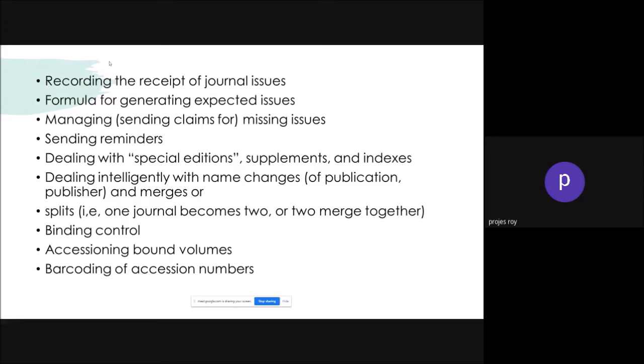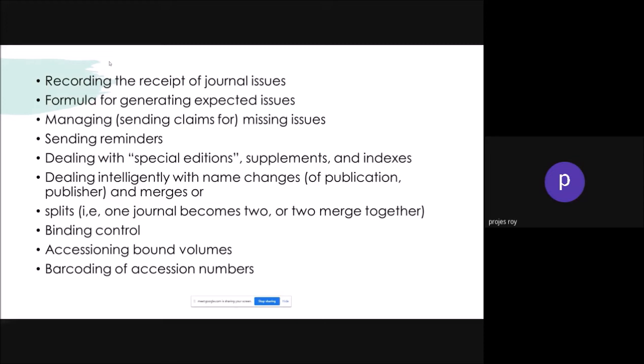Sometimes journals get split. Suppose one journal, International Journal of Library Science, splits, and one journal becomes Asian Journal of Library Science, and the other becomes American Journal of Library Science. Then how are you going to deal with that?